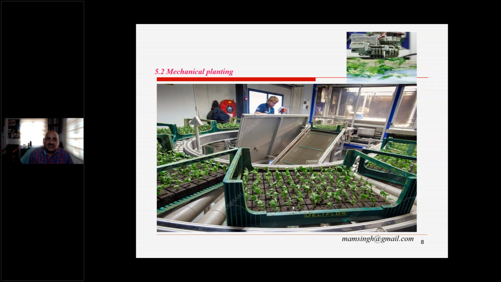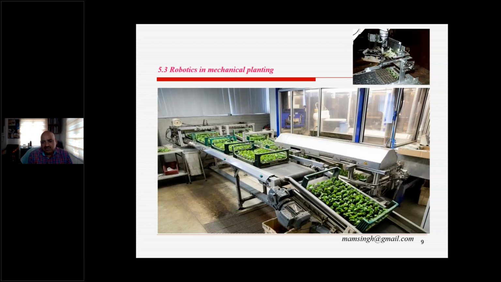Only the cuttings go in, the robots select those cuttings and plant them in the trays, and the trays are moved automatically on the conveyor belt to the greenhouse or polyhouse. Small robots are also coming that will identify the suitable cuttings and the stage. If they are not fit, they will leave them.